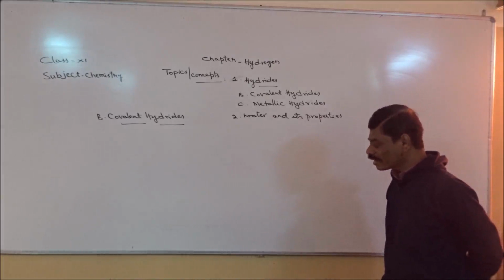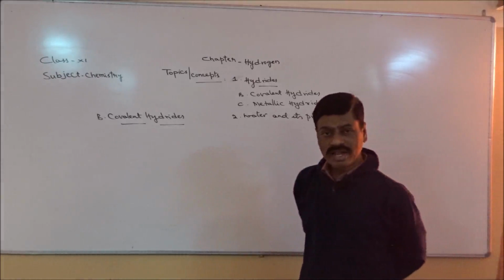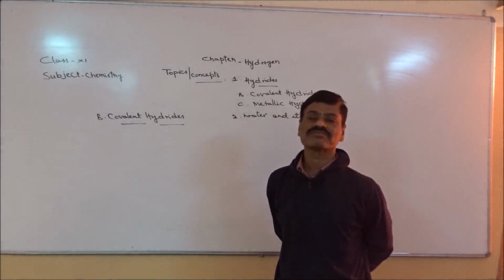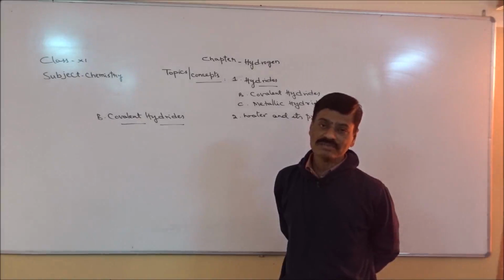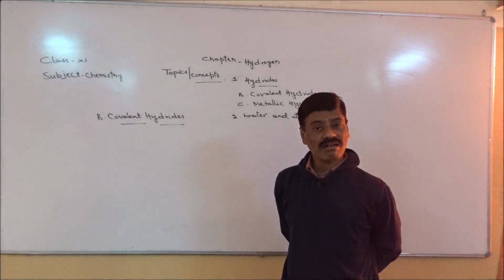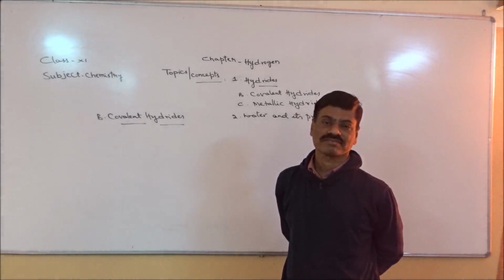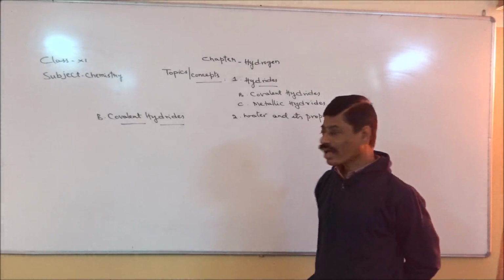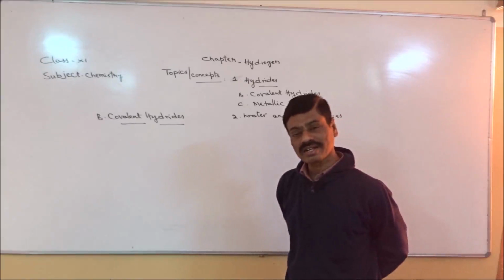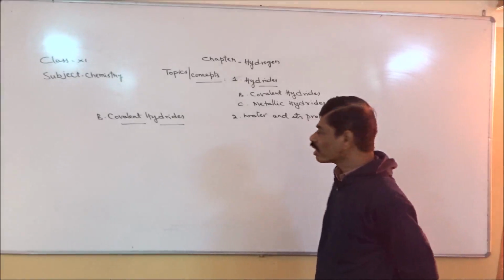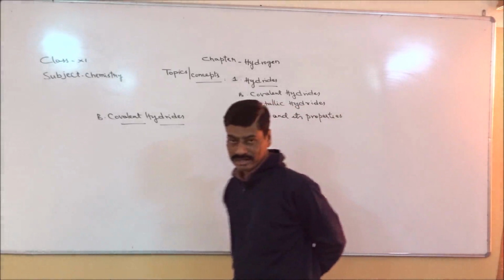So covalent hydrides means those hydrides which are resulted when hydrogen shares electrons with the concerned atoms of the different elements. So they are covalent hydrides.